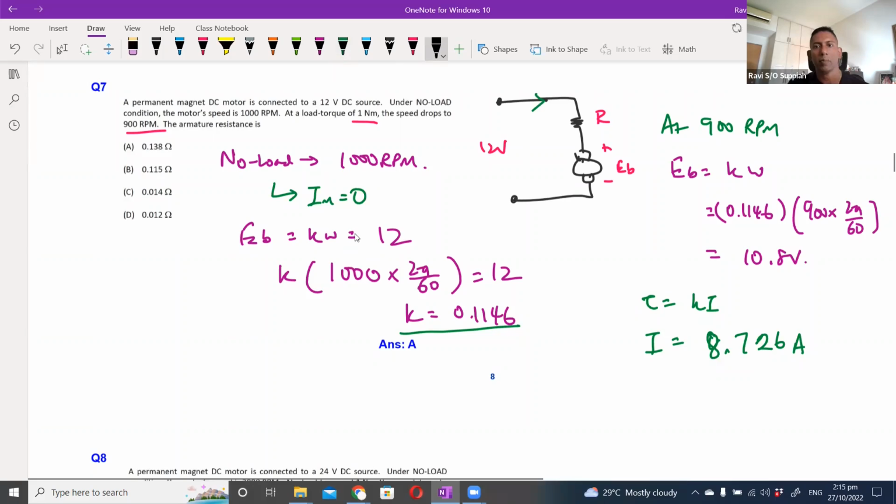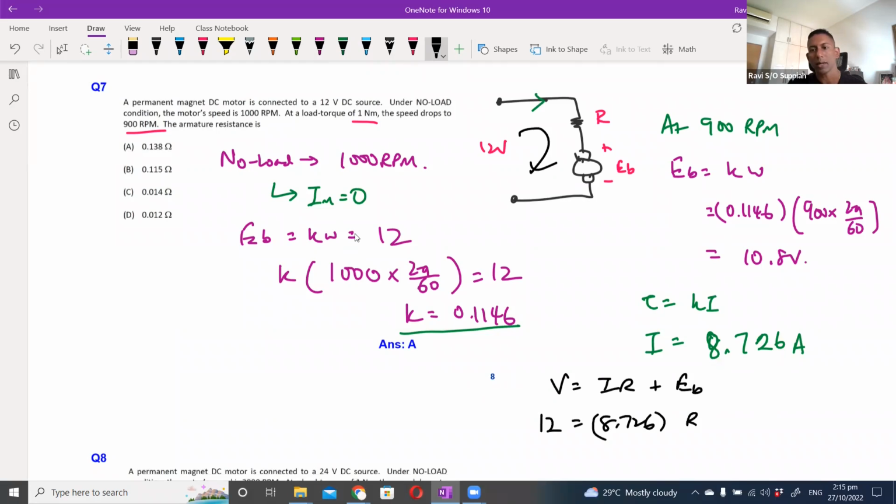So it is about putting a loop over here. So you can say that V is IR plus EB. So 12 volt is your 8.726 multiplied by R plus your 10.8. Okay, so with that you'll be able to get your R value, 0.138 ohm.